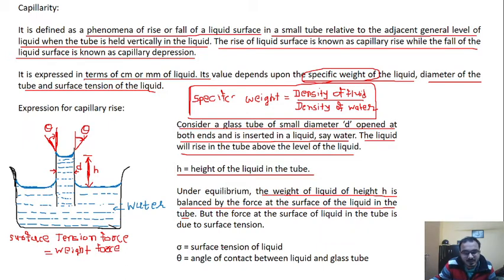So let's say sigma is the surface tension of the liquid, and theta is the angle of contact between the liquid and the glass tube. So now we will do the remaining derivation on our virtual board.